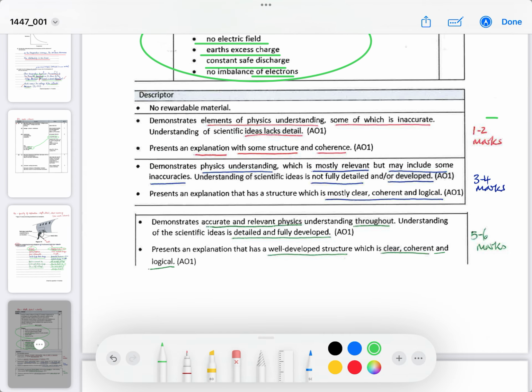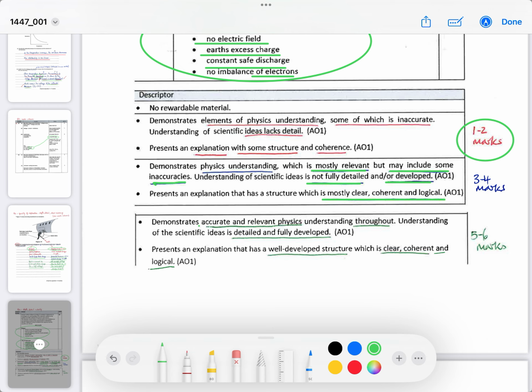And then for 3 to 4 marks, what they're looking for are answers where the physics is mostly relevant. Even though you may include some things which are inaccurate, you can get 3 to 4 marks. And your scientific ideas are not fully detailed or fully developed. That's things that you didn't think of saying, but it's mostly clear, coherent and logical. That will get you 3 to 4 marks.